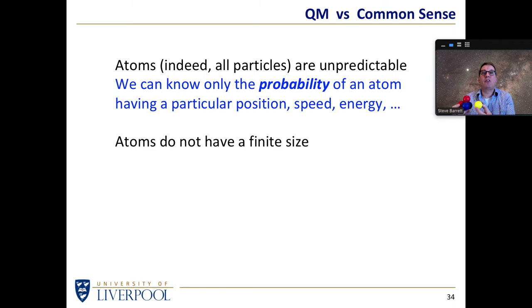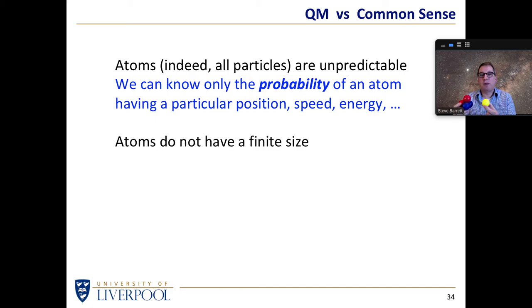So we can say, in a given atom, how likely is it that the electron is a given distance from the nucleus? And we can find an answer for that. And we can ask, how likely is it that the electron is a long distance away from the nucleus? And we can calculate that and get a number, independent of how far away we take the electron from the nucleus.